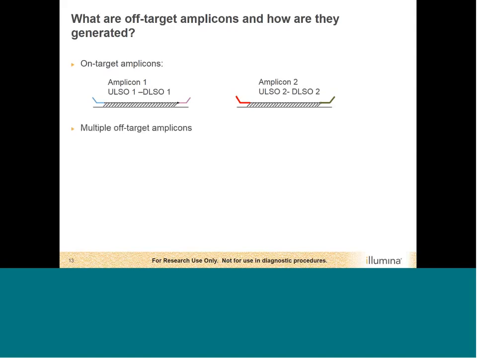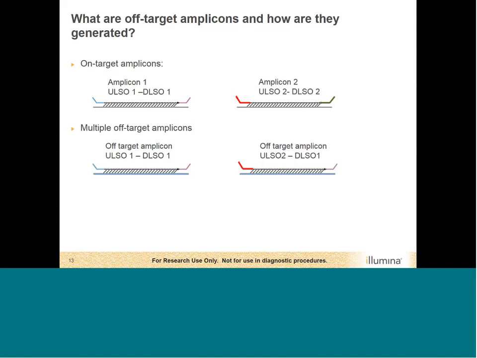Now what can happen, there's multiple examples for off-target amplicons. It could be that that same pair for amplicon 1, so ULSO-DLSO pair 1, hybridizes somewhere else in the genome, and that is usually going to be a region very similar in sequence to the one that we targeted. So that is one example for an off-target amplicon.